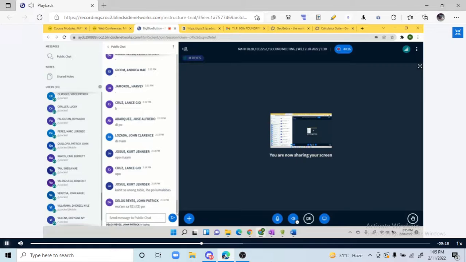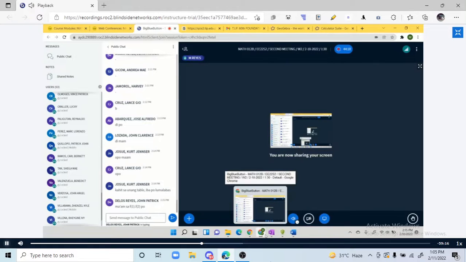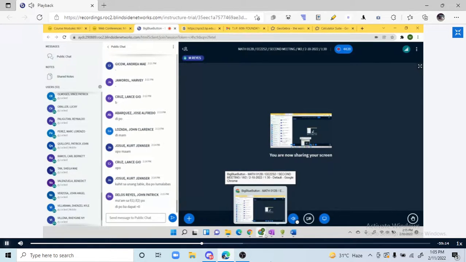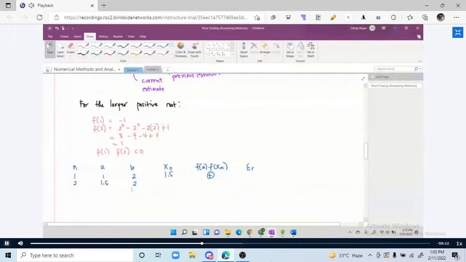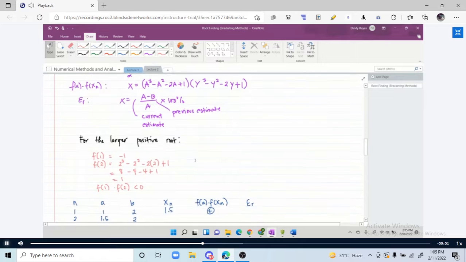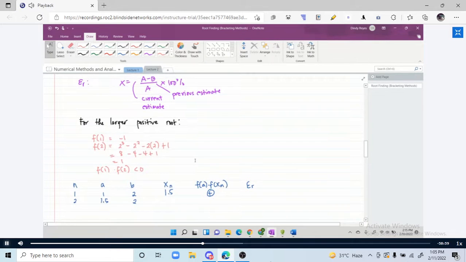Kahit sa unang table, bakit? Teka lang. Let me check ha. Bakit ganyan nilalabas ng calculator?